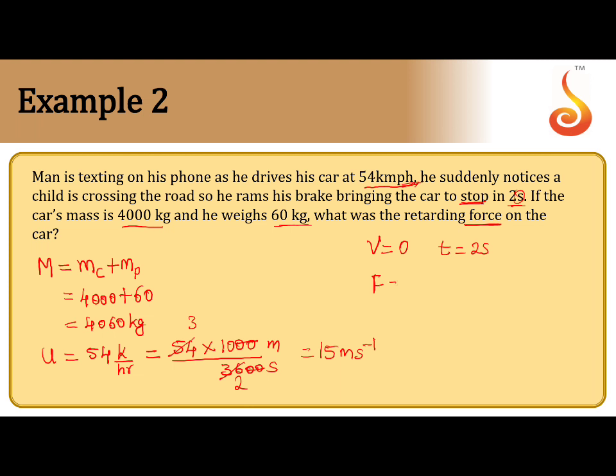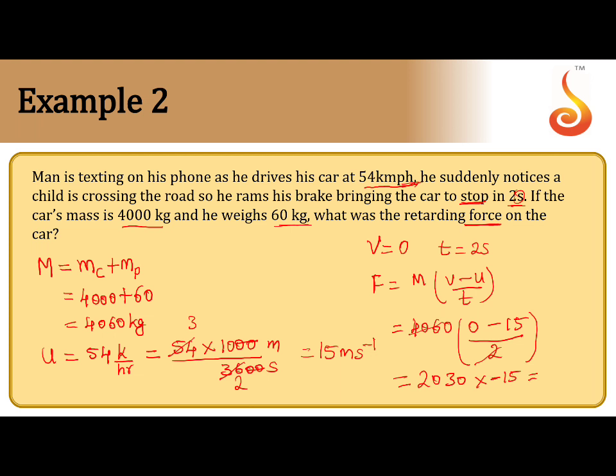Find the force. F equal to m into (v minus u) by t. Mass is 4060 into v value. Final v is 0 minus initial velocity 15, divided by time, 2. This 2 cancels with this, 2030 into minus 15.